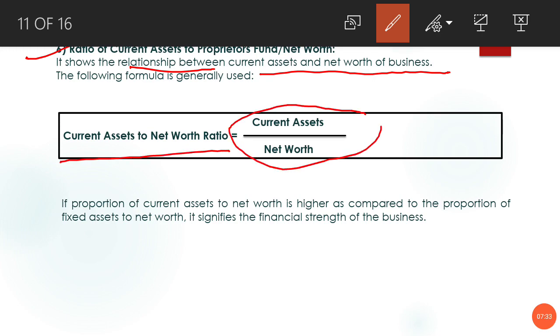This ratio mainly indicates how much of the proprietor's fund is invested in current assets. If the proportion of current assets to net worth is higher as compared to the proportion of fixed assets to net worth, it signifies the financial strength of the business.